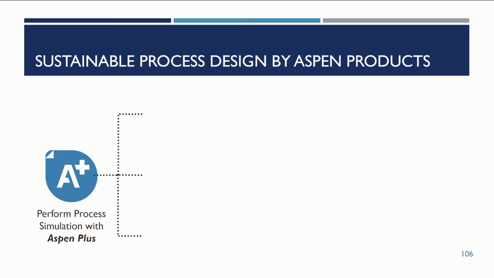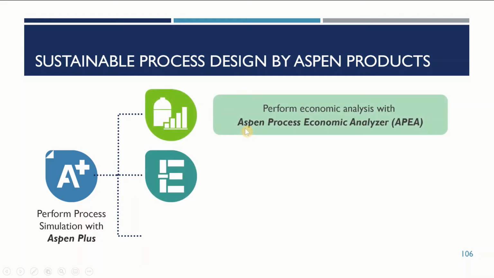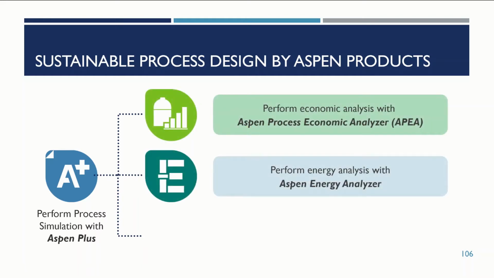With the integrated user interface between the software, you can perform the economic and energy analysis within the ASPEN process simulators. The process simulators will interact with the ASPEN Process Economic Analyzer, or APEA, and the ASPEN Energy Analyzer running in the background.